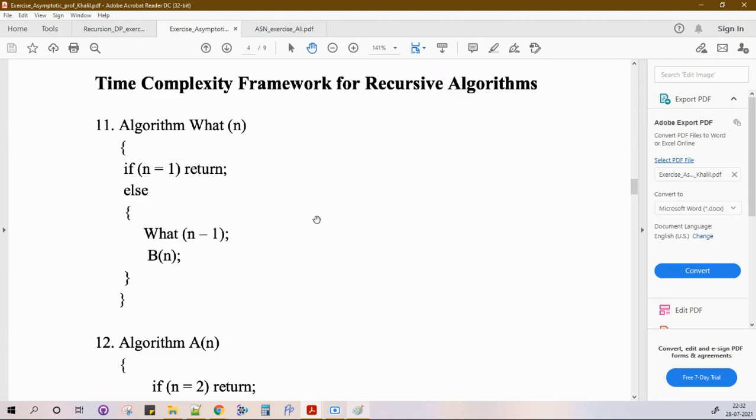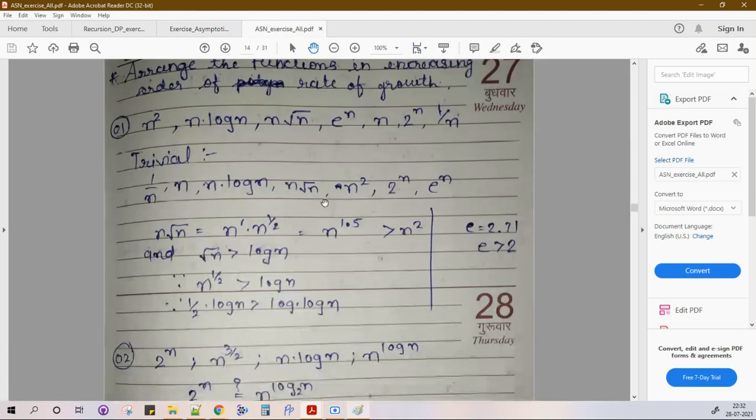Here comes the fun part. Now we will jump on to how to solve the recursive algorithm, what the complexity framework is for the recursive algorithm, because it is not as straightforward as the iterative one. I guess we had iterative loops in some exercise.